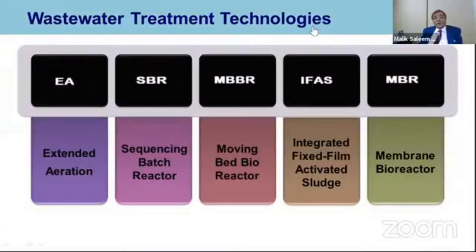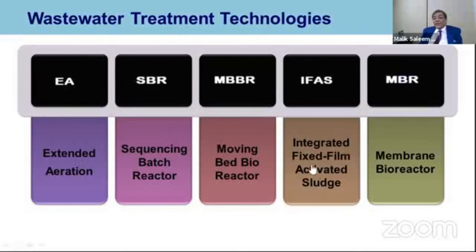Now, in wastewater treatment, we were talking about the biological system. In the biological system, we have many options, like the activated sludge process. These are all activated sludge process, biological aerobic process. It has many techniques like extended aeration, sequential batch reactor called SBR, moving bed bioreactor, MBBR.